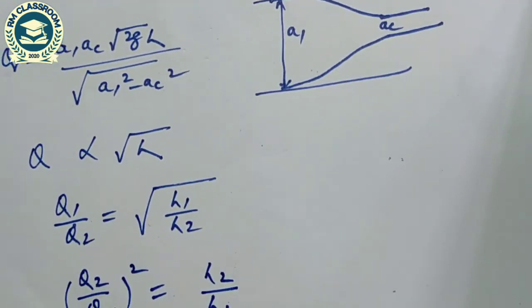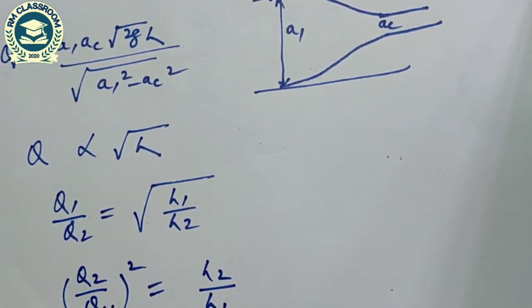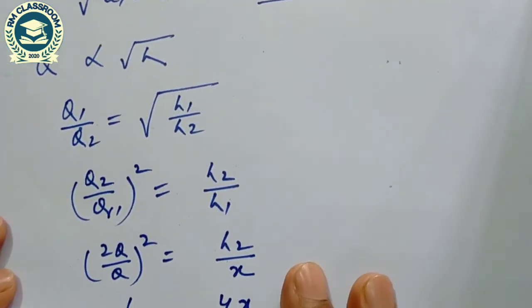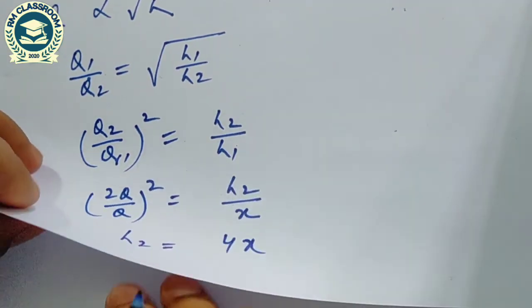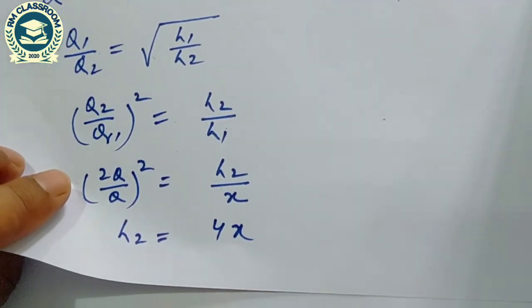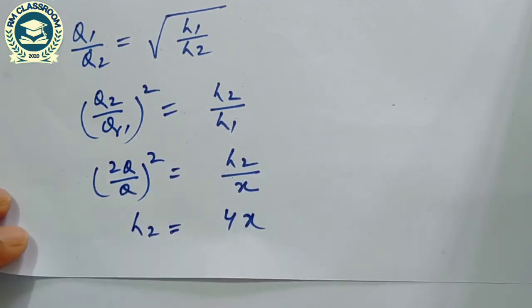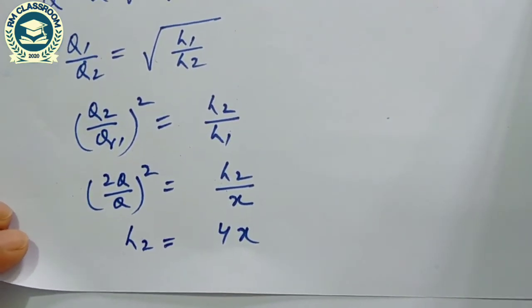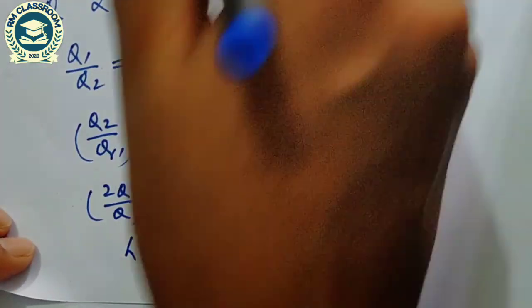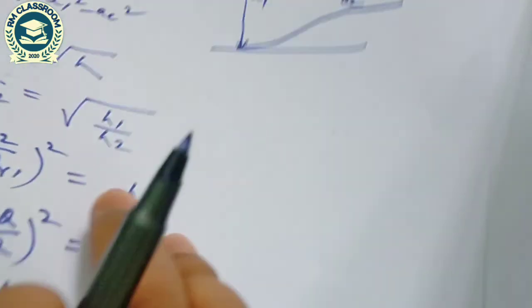And the flow rate in the second case is 2Q, so 2Q divided by Q whole squared is equal to H2 by X. So H2 is equal to 4X. So the pressure difference in meter of water column will be 4 times X. So option C is correct.